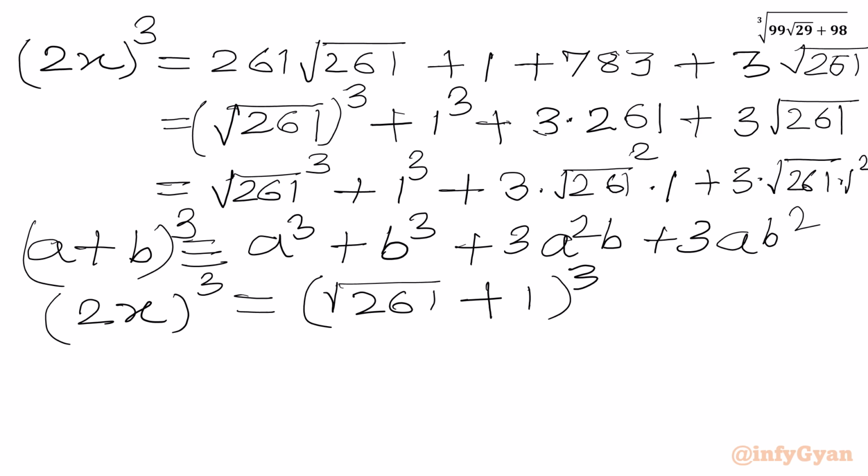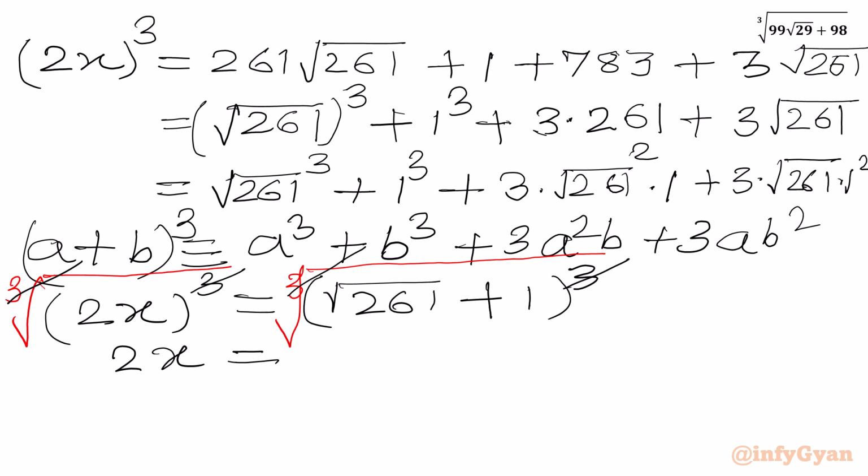Now we will take the cube root of both sides. Let us put cube root here, and here also cube root. Now for real values of x, we can cancel the cube root and cube directly. So I will be writing 2x equal to square root 261 plus 1.